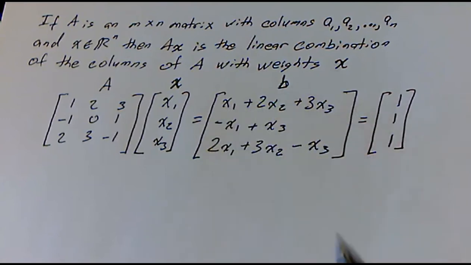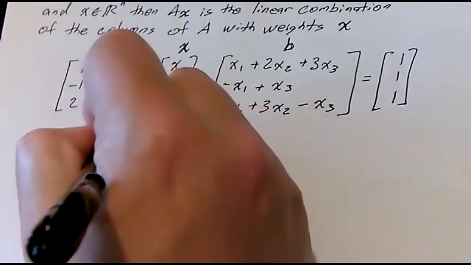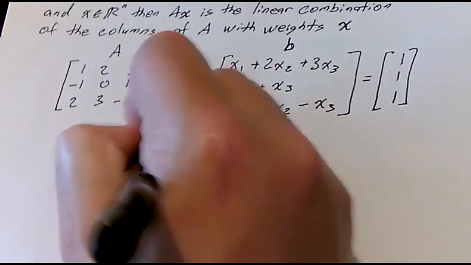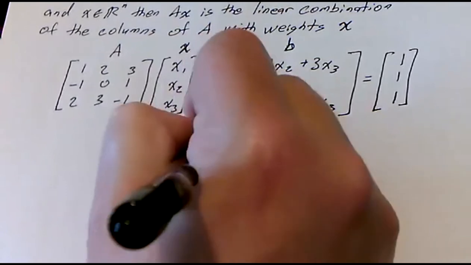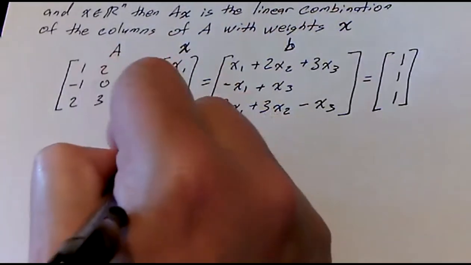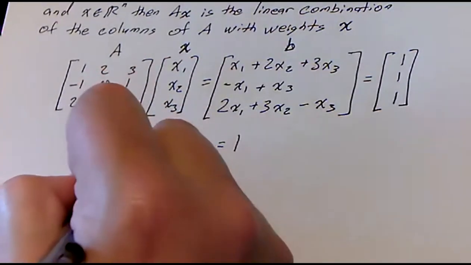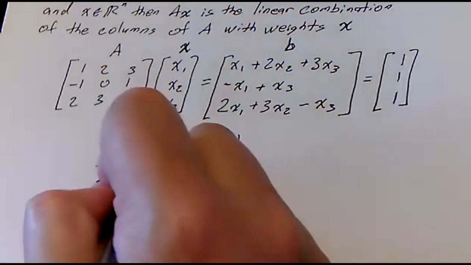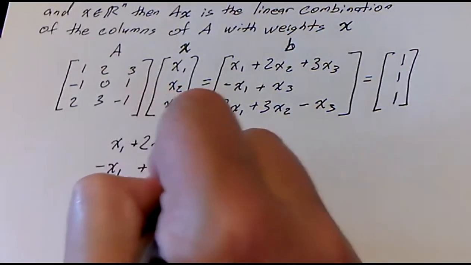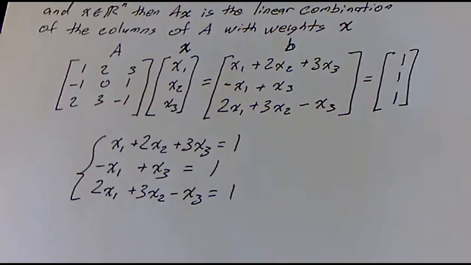So I could actually set up a system of equations that looks exactly the same. This would be x1 plus 2x2 plus 3x3 equal to 1. Negative x1 plus x3 also equal to 1. And then 2x1 plus 3x2 minus x3 equal to 1. And that would be a system of equations.